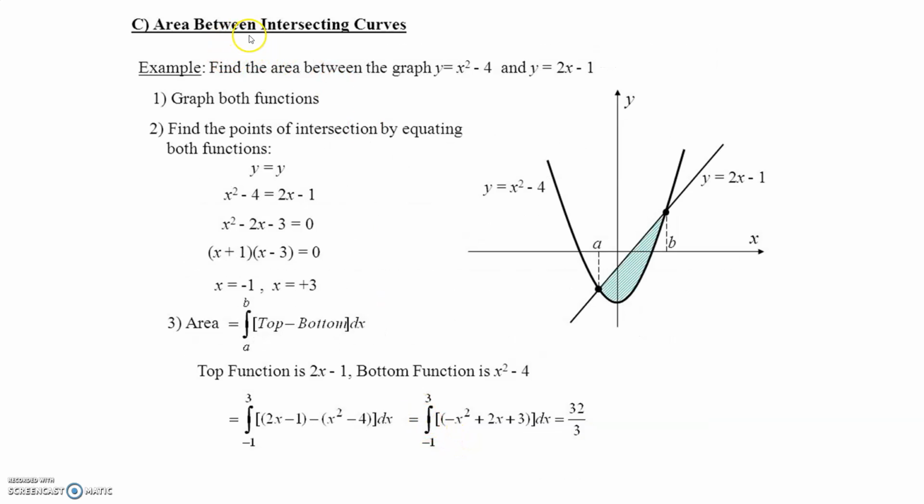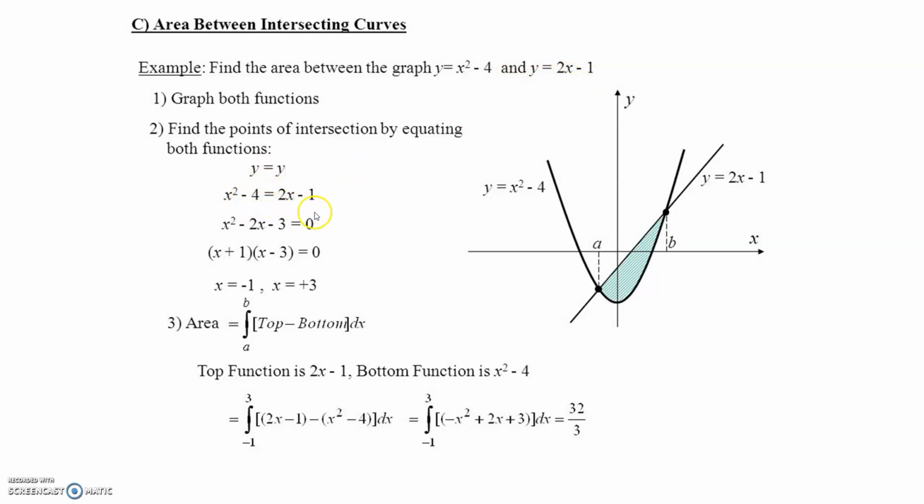Now, the area between intersecting curves. Find the area between the graphs y is equal to x square minus 4 and y is equal to 2x minus 1. Graph both functions. Find the points of intersection by equating both functions. We are given y is equal to x square minus 4 and y is equal to 2x minus 1.